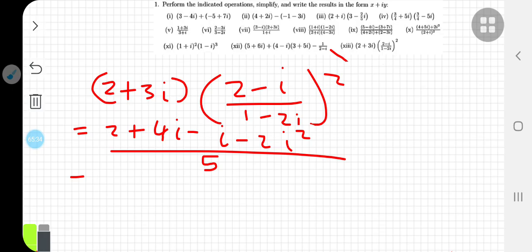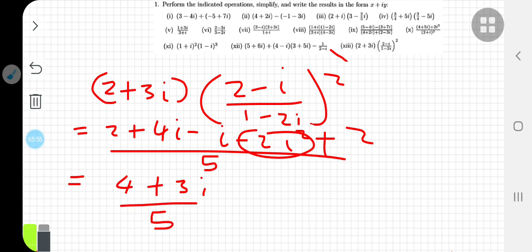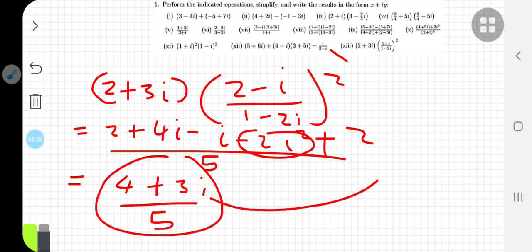From here, I'm going to have 2 plus 2, which gives positive 4. Then 4i minus i gives me 3i over 5. So this part, I'll then put inside there: 4 plus 3i over 5.